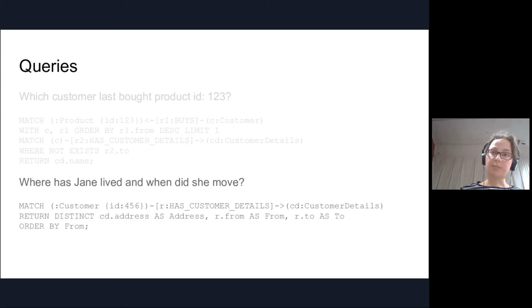We've put in a variable for customer details. And then we're going to return distinct, because there may be a number of updates that have occurred where it wasn't just the address that was updated. So we're going to return the distinct address as an address. We're going to return the from date at that address, the to date from that address, and then we're going to order by the from date.